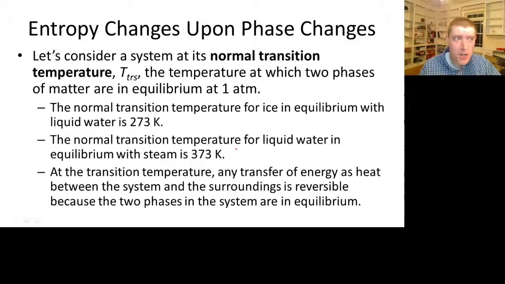The temperature of the system doesn't change. Instead, we're changing the ratio of liquid water to ice. Right? As we absorb energy, some of the ice melts, and we get more liquid water, until the point at which we get 100% liquid water, and now we no longer have ice and liquid water in equilibrium, and so then this is different.